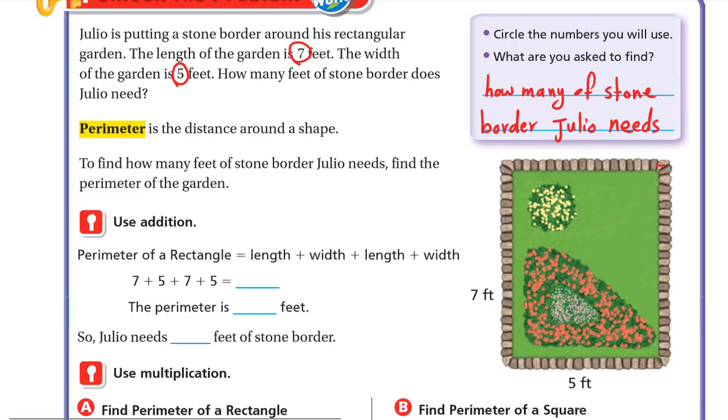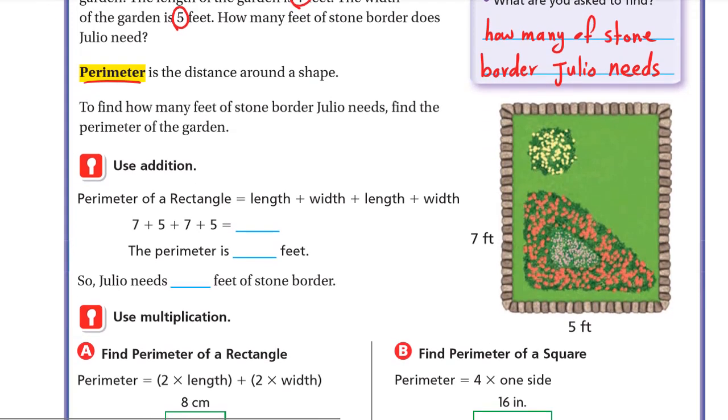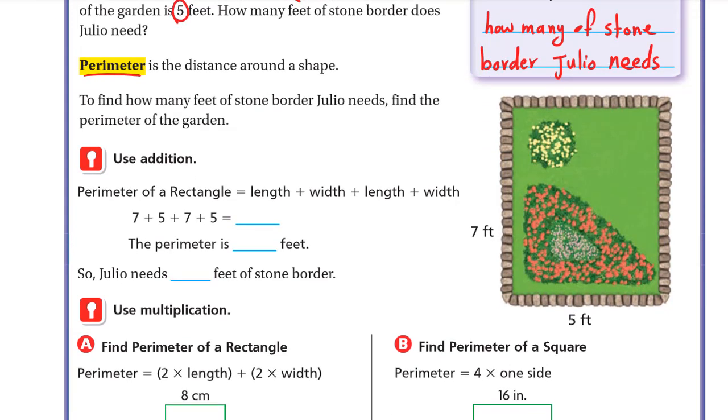So we need this stone border around his garden. We need the length of all of this. So the length of all of this, we call it the perimeter. And the perimeter is the distance around the shape. So the distance around any shape, we call it the perimeter. To find how many feet of stone border Julio needs, find the perimeter of the garden. So we need to find the perimeter of the garden.